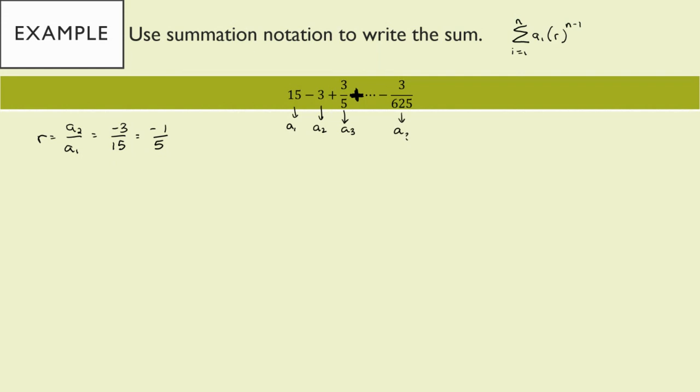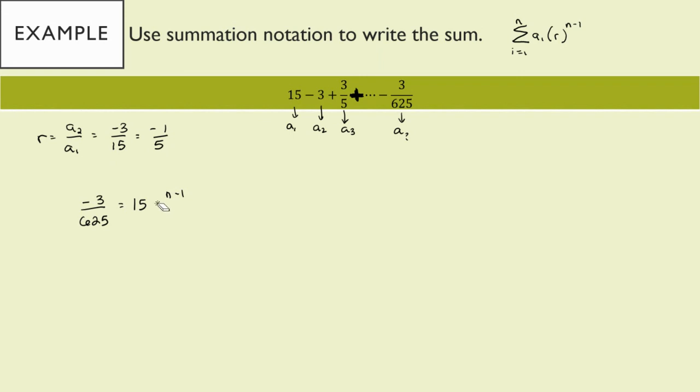So we're going to take that negative 3 over 625. We know that this is a_1 r to the n minus 1, some term. We know what a_1 is, so I can plug that in. a_1 is 15.